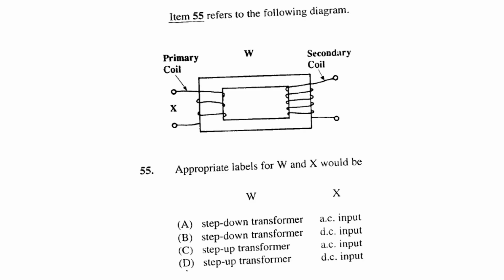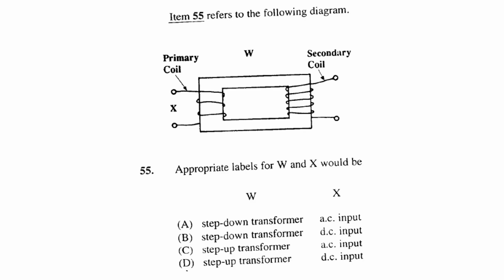Well, if it is a transformer, we can determine if it is a step up or a step down transformer by looking at the ratio of primary to secondary coils. Here, there are more coils in the secondary than primary. So that means it is a step up transformer. That eliminates options A and B. It's either C or D. How do we know which one it is?